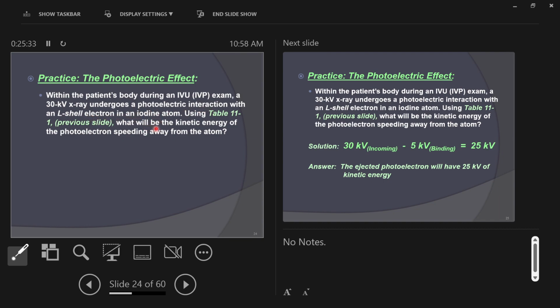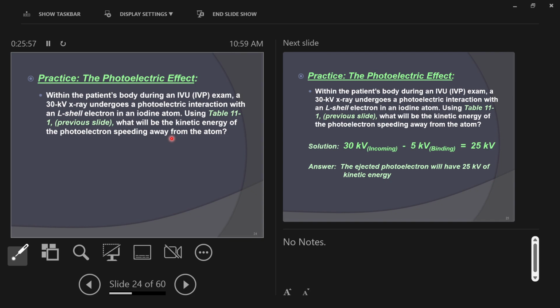What will be the kinetic energy of the photoelectron speeding away from the atom? What do you need to know? You need to know the binding energy for the L shell of iodine, negative 5, and you need to know the X-ray photon's energy, right? So we have the X-ray photon, 30 kV.